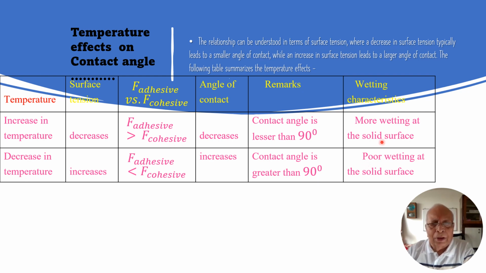And in such case, the angle of contact is acute, less than 90, and the solid surface is wetted more. Contrary to this, when there is a decrease in temperature, surface tension increases, adhesive forces become lesser than the cohesive forces, angle of contact is obtuse, it increases, becomes more than 90, and in such cases, the solid surfaces are poorly wet.